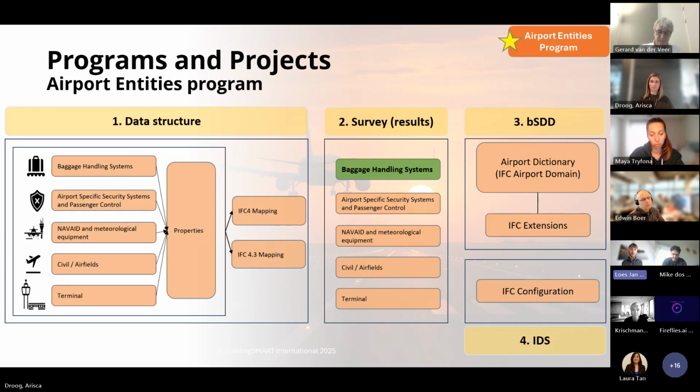So you can use it within your specific software, and you can derive the naming convention and definitions that we came up with in the airport entities program. You can also use it for IDS, the Information Delivery Specification, to transport the classifications into your BIM authoring software and to use it for the validation of a specific model. Next one.